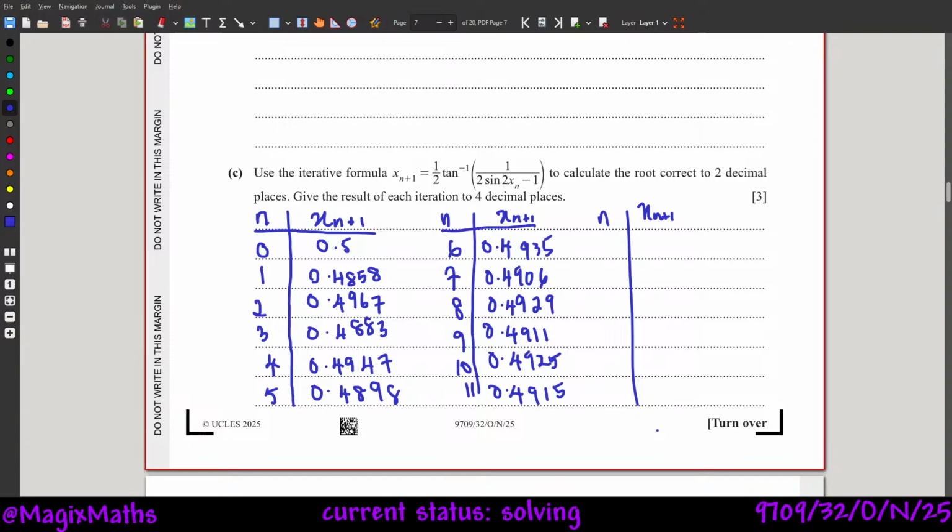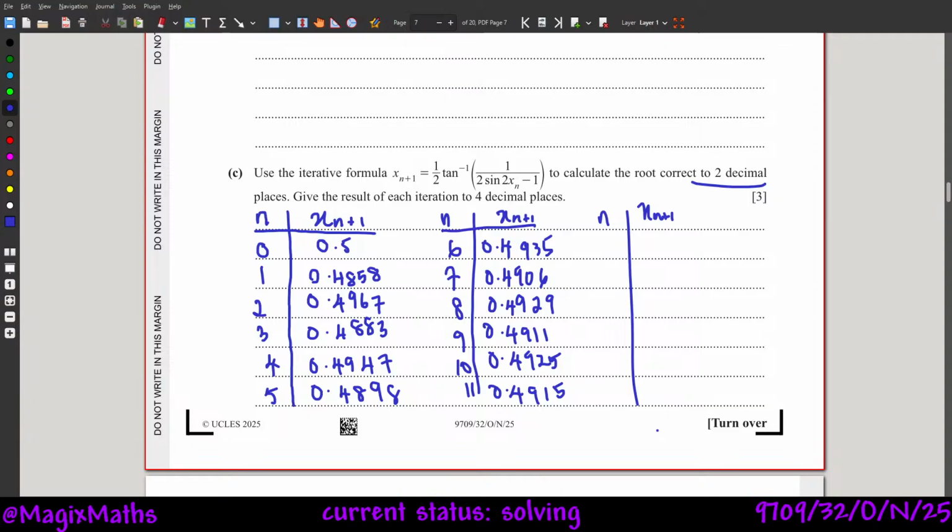Oh, to calculate the root correct to two decimal places, we should have ended earlier. Wait, this should have been 0.49.